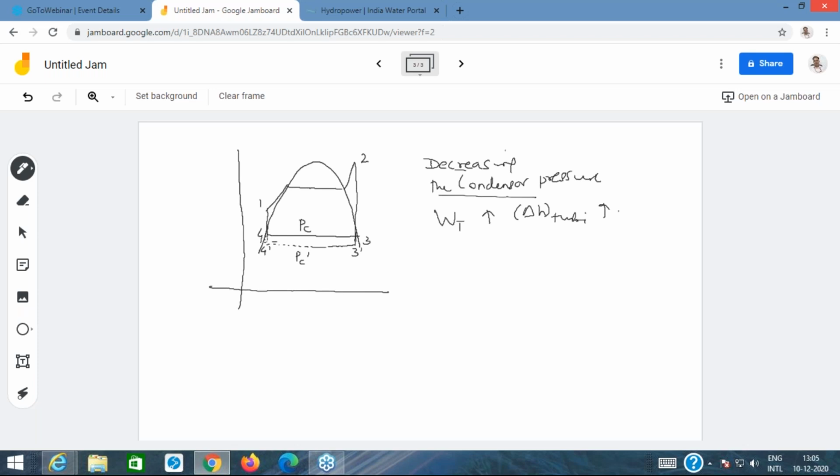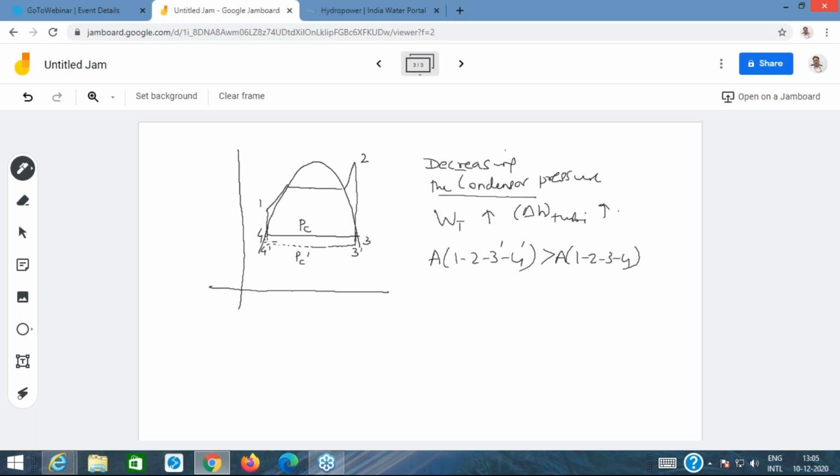It is clear from the area enclosed. Area 1, 2, 3 dash 4 dash is greater than the area 1, 2, 3, 4.